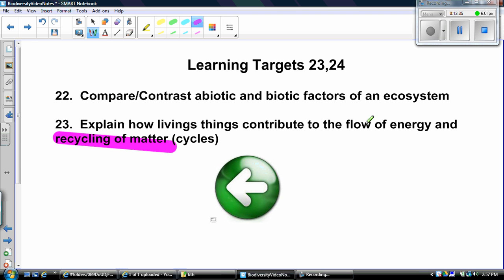Flow of energy we'll get into on, I believe, the next set of notes. So living things help cycle matter through the water cycle, the nitrogen cycle, and the carbon and oxygen cycle. Those three cycles are how living things help recycle matter here on Earth.